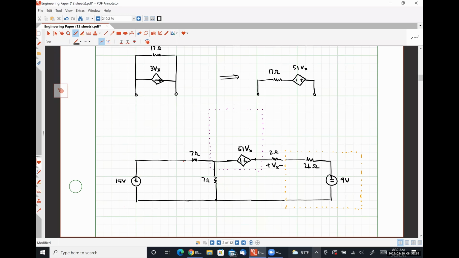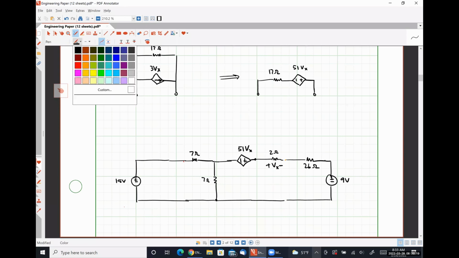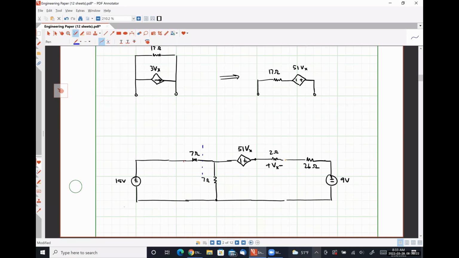Now, what I'm going to do after I erase these old boxes defining my practical sources, is I'm going to observe that this 15 volt source in series with a 7 ohm resistor is a practical voltage source.